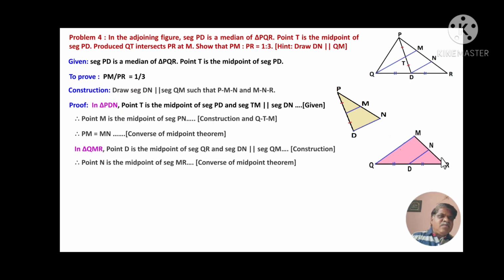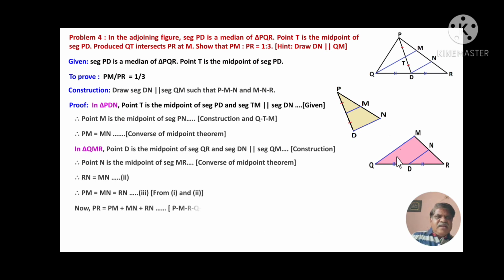So you can write MN is equal to NR, statement 2. So PM is equal to MN is equal to RN from 1 and 2.